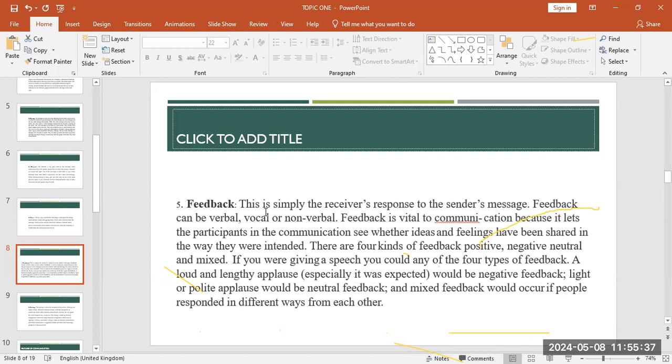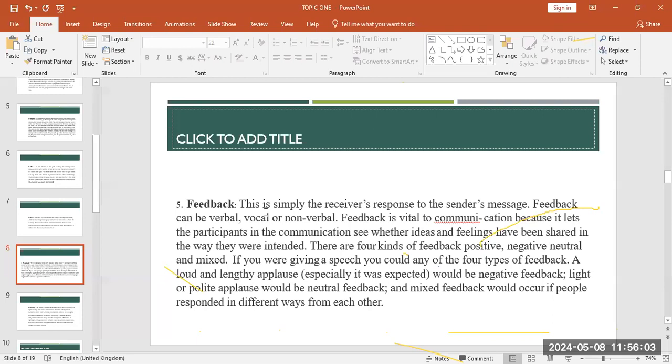Feedback can be immediate. Feedback can be delayed. For example, if you ask me a question right now, I'll give you an immediate feedback. If you apply for a job in a certain organization, that feedback may be delayed. You may receive communication after 2 or 3 days, or even after a week, or even after a month, depending on the organization.